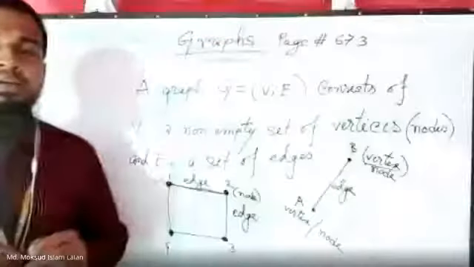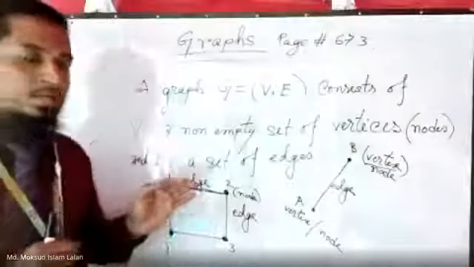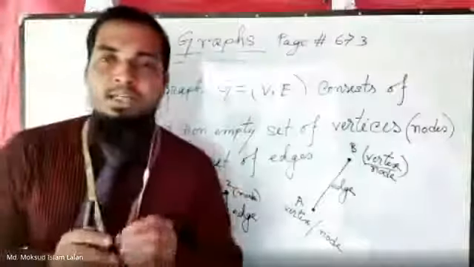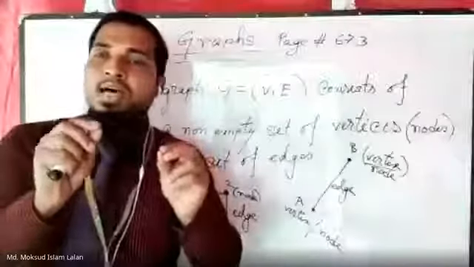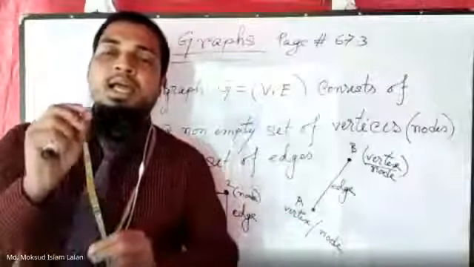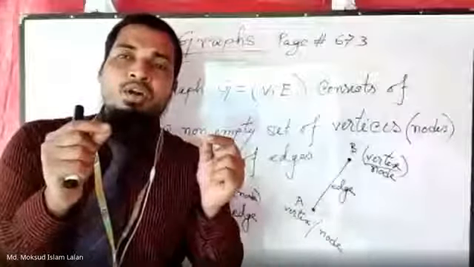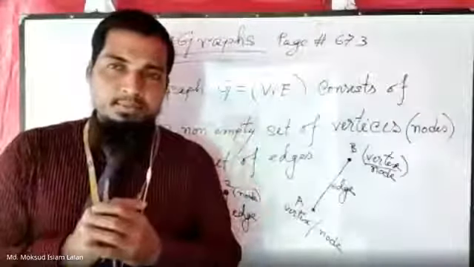Sir, please explain again, sir. Yes, Farhan. Suppose you know which one is a vertex and which one is an edge, right? Yes, sir. So dots are vertices and the connection between 2 dots is called an edge.